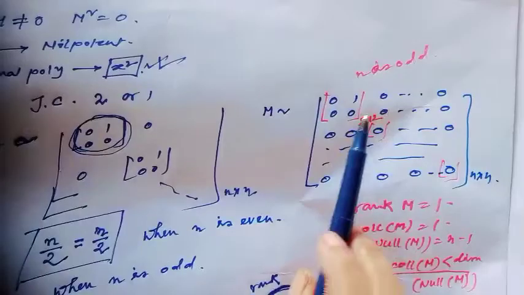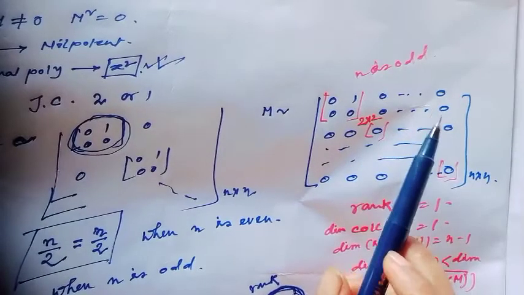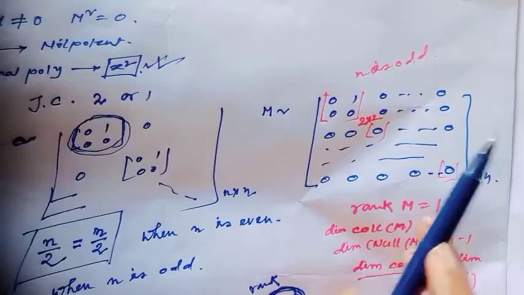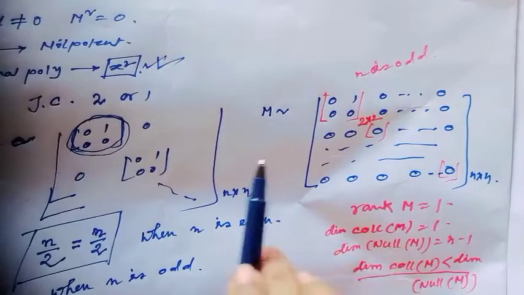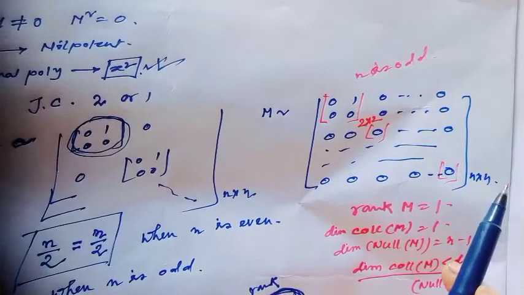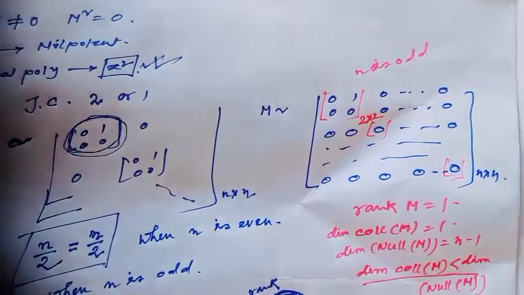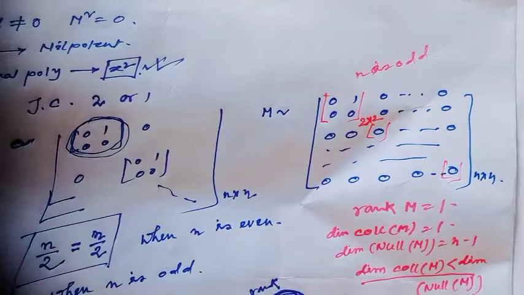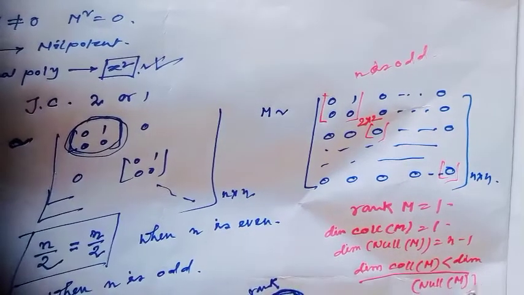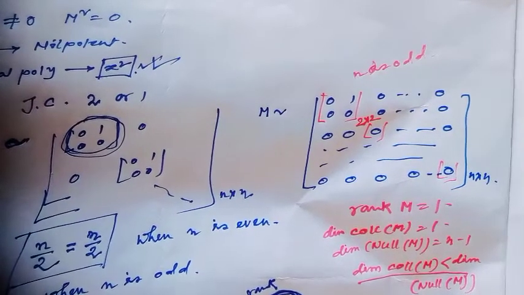Also, when n is an odd number, not only for this case but for all other considerable matrices, dimension of column space of this matrix would always be strictly less than dimension of null space of this matrix.